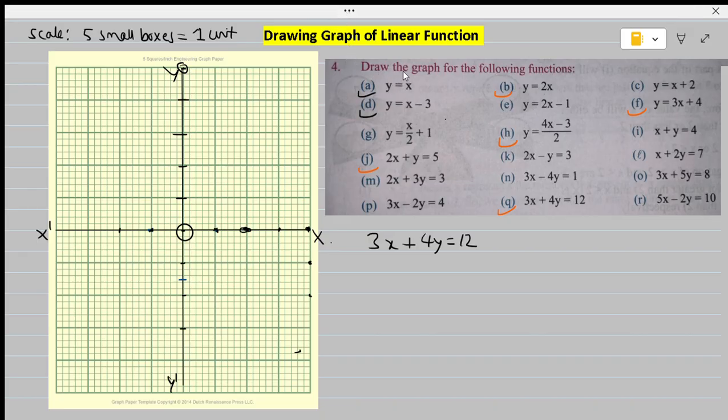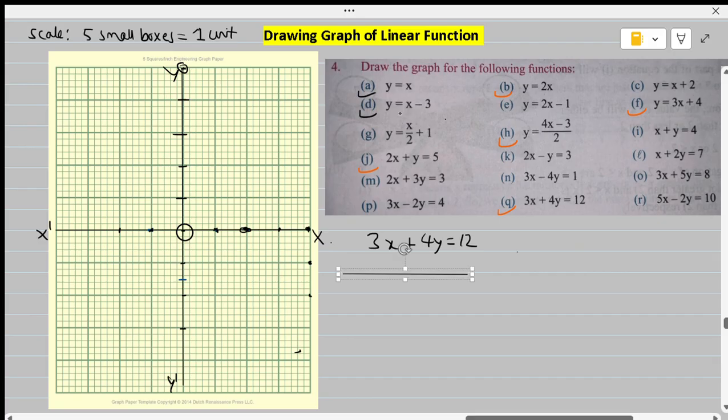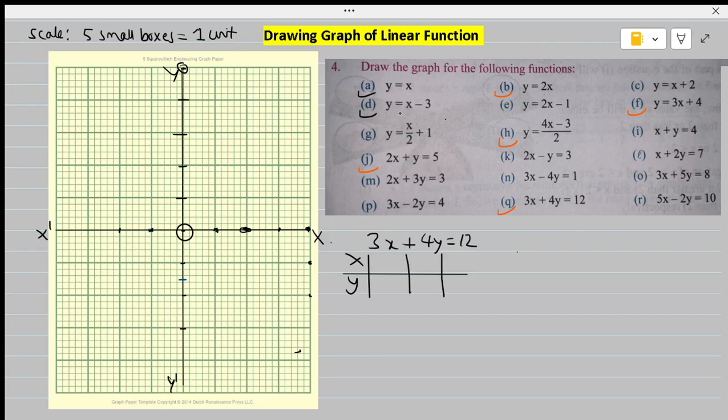Okay, so let's make the table here, x and y. Since 12 is divisible by both 3 and 4, it is better to keep the values of x and y as 0 once each.